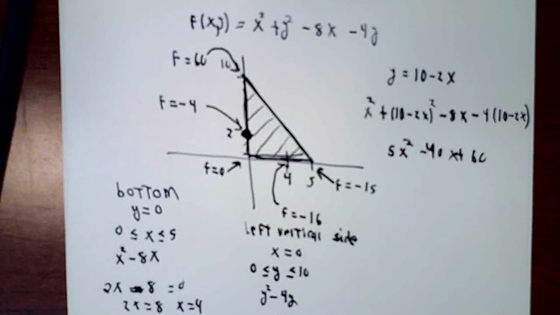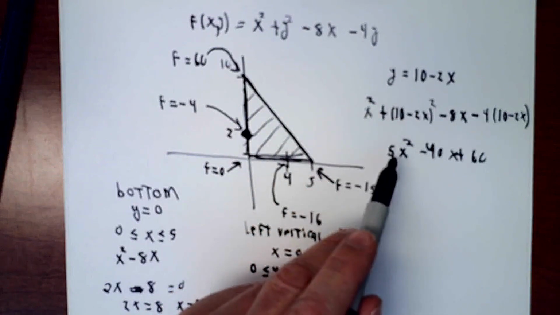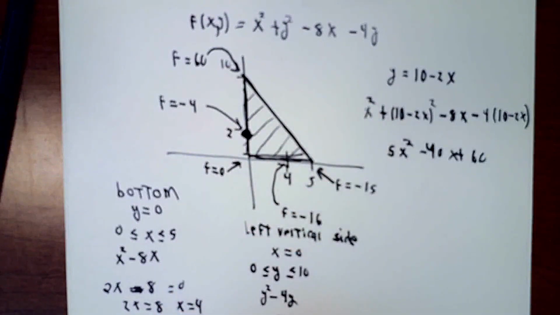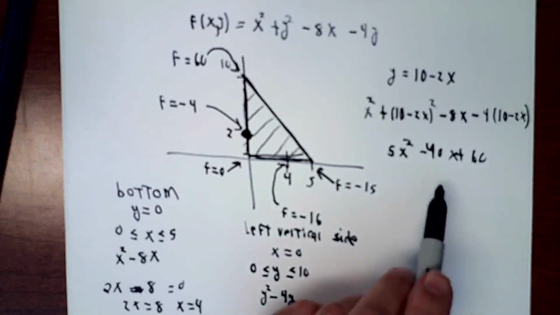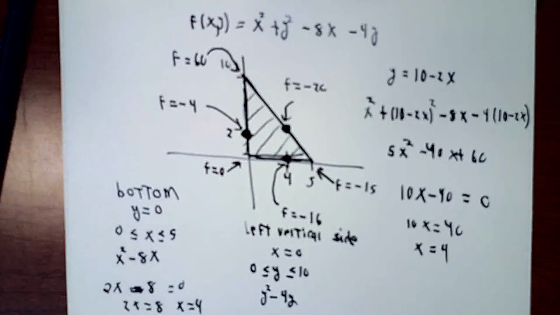Assuming I've done my algebra correctly, the function value, which is this quantity, simplifies down to 5x squared minus 40x plus 60. I need to know for x strictly between 0 and 5 if the derivative of this is 0 any place.